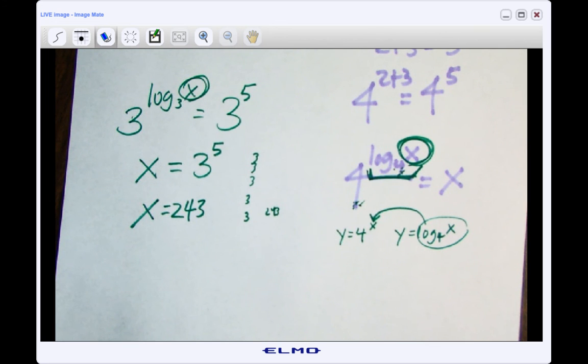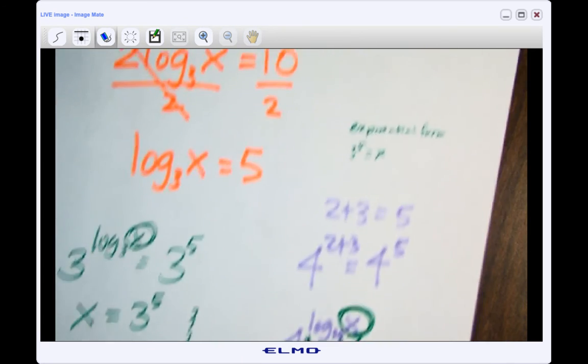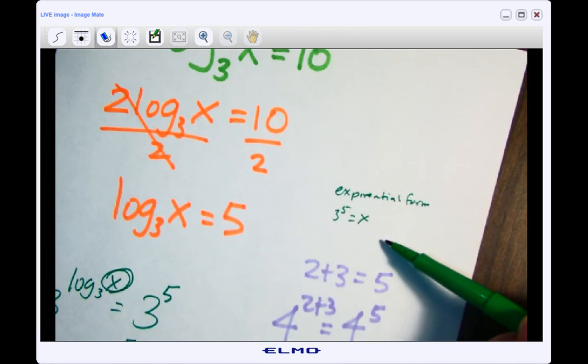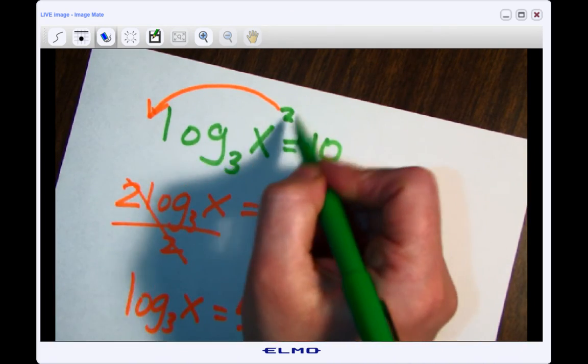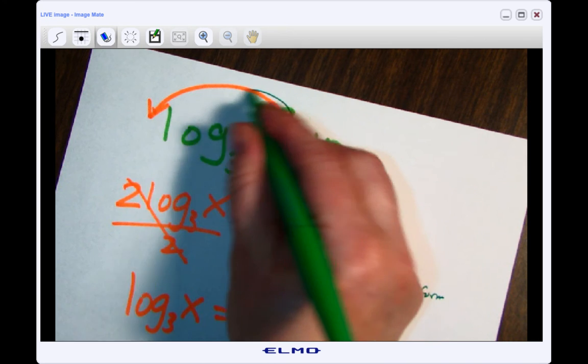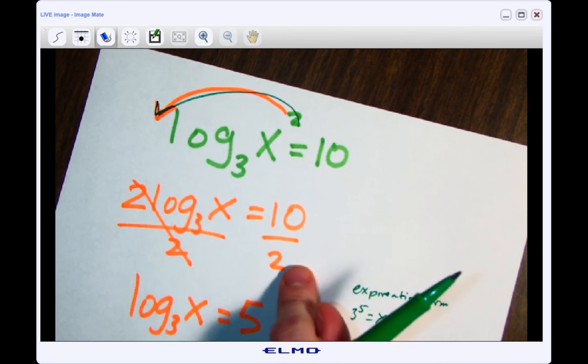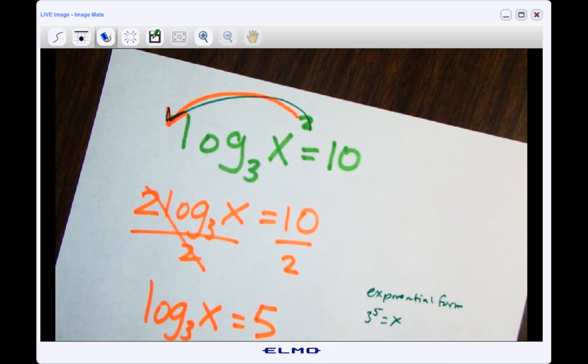So in this case, we found it out by using our inverse function idea, or changing it to exponential form. If you like to think about it that way, that's fine too. But the first thing that we did is we used our exponent rules to get this guy kicked out to the front so that we could take care of him first and make our lives a lot easier.